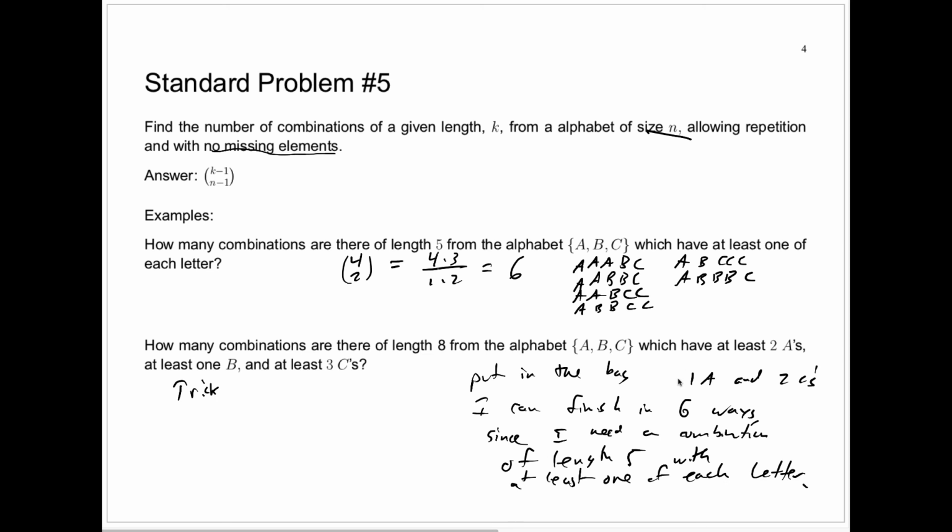So there are exactly 6 ways to find a combination of length 8 with this condition of at least 2 A's, 1 B, and 3 C's, because the computation is exactly the same as the previous one after I put in what I have to put in, which is 1 A and 2 C's. Those are going to get in there anyway, so let's just say we do it. Finishing out the problem can be done in 6 ways.